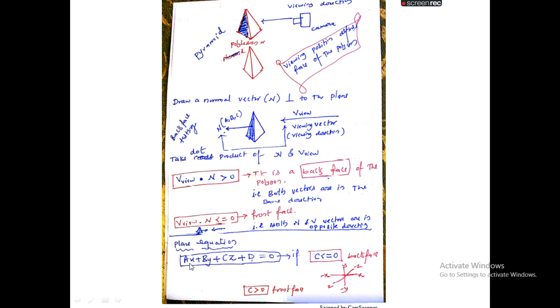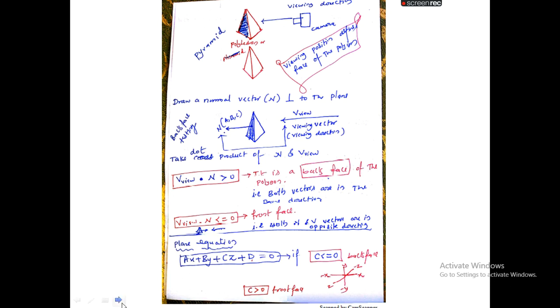The plane equation is ax plus by plus cz plus d equal to 0. In this equation, if the coefficient of z is less than or equal to 0, it means that it is a back face of the polygon, or that plane belongs to the back face. If the coefficient of z, that is, the c value, is greater than 0, it indicates that the surface is a front face to the observer.